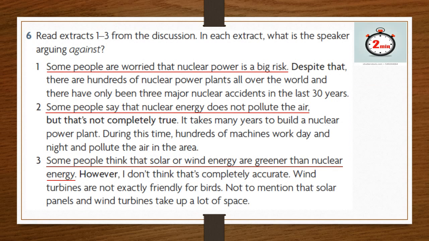Number 3, some people think that solar or wind energy are greener than nuclear energy. However, is the counter argument word. The sentence before it is what the speaker is arguing against, and the sentence after it is the counter argument sentence.